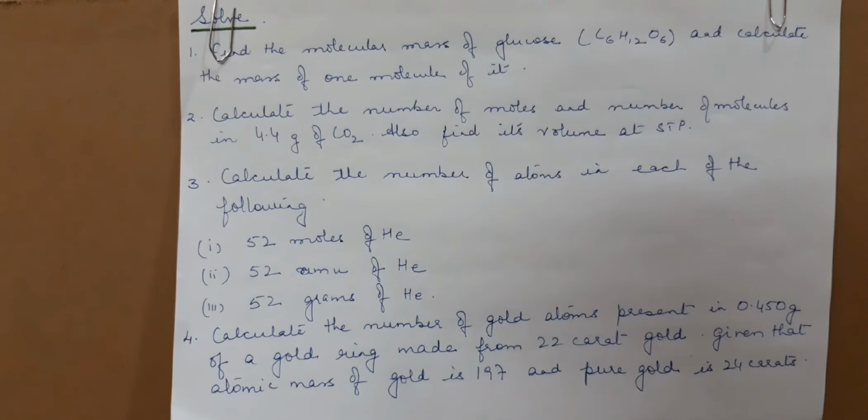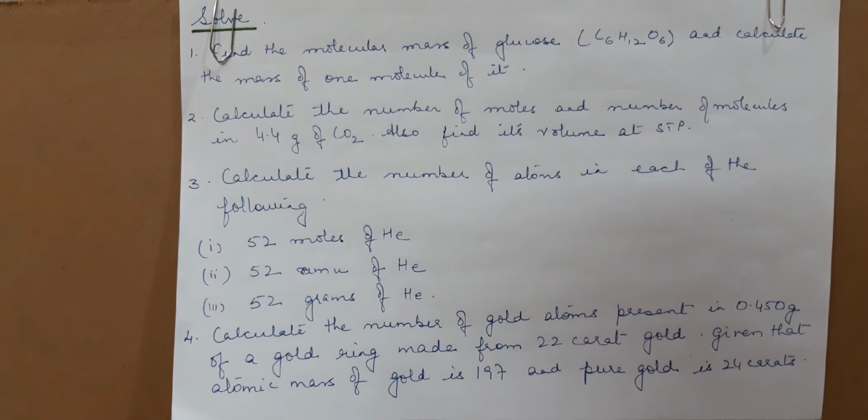Third question. Calculate the number of atoms in each of the following. First, 52 moles of helium.